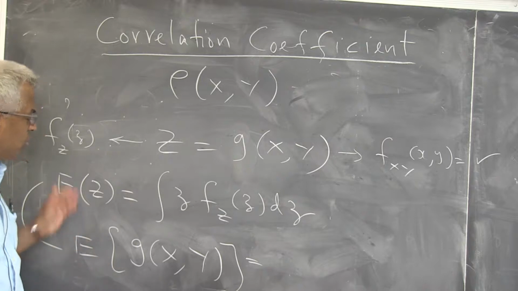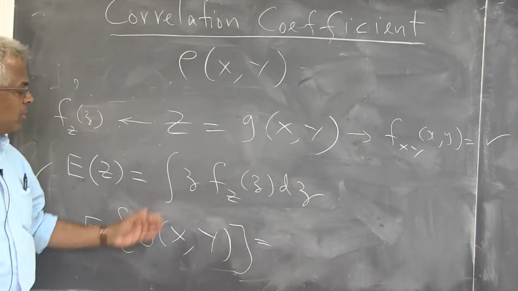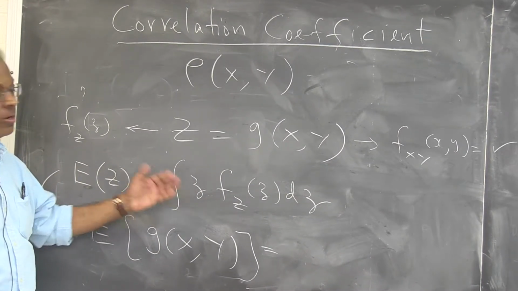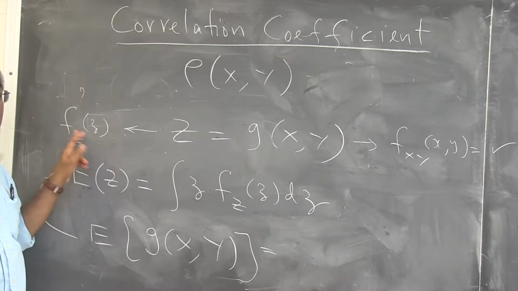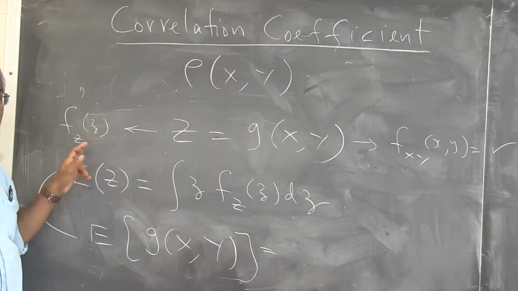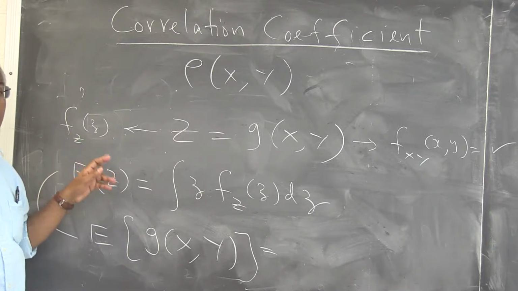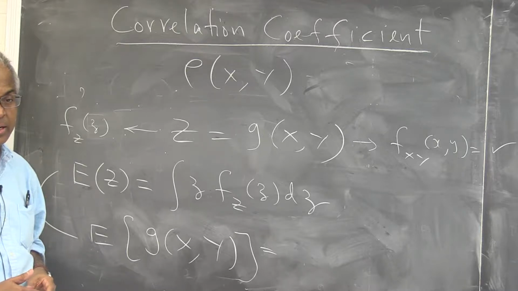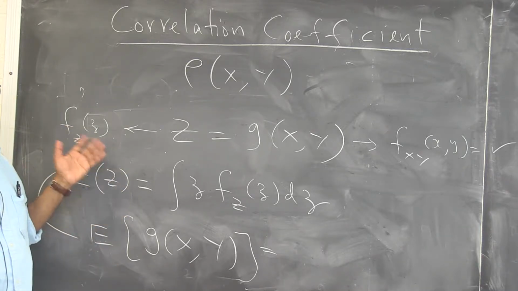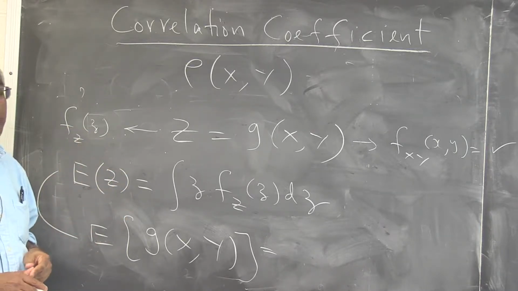Because everything is equality here. But if you go this way, what is the trouble? No trouble, except you do need to compute this density function. This is generally not given. And you have seen that computing it is not like substituting something. It is not trivial, it needs some work.